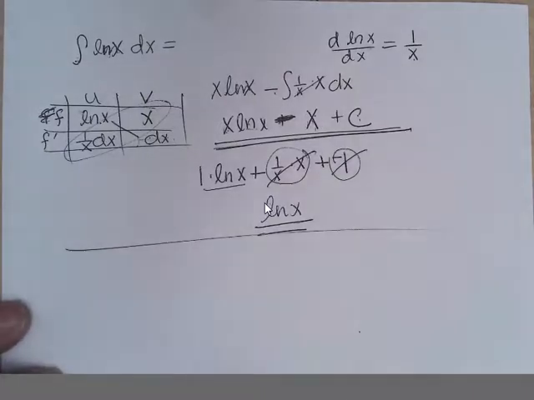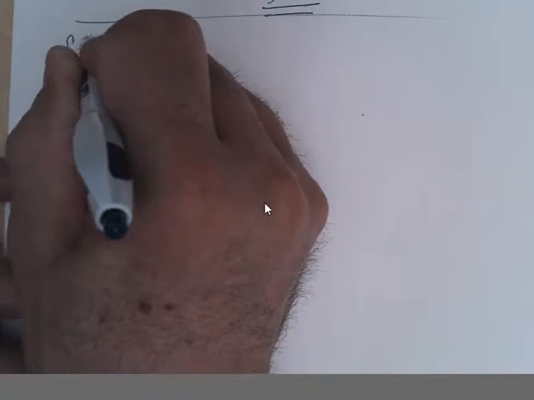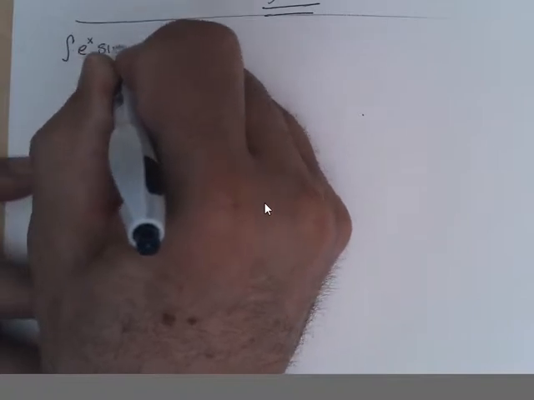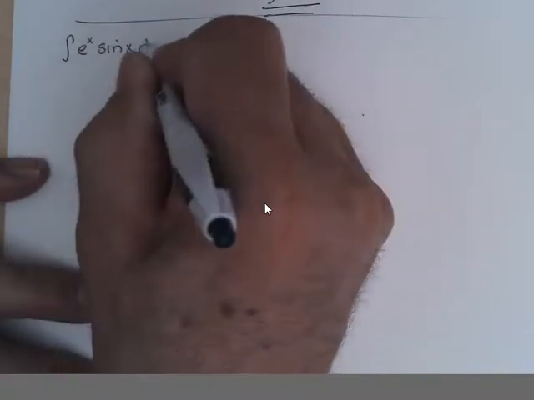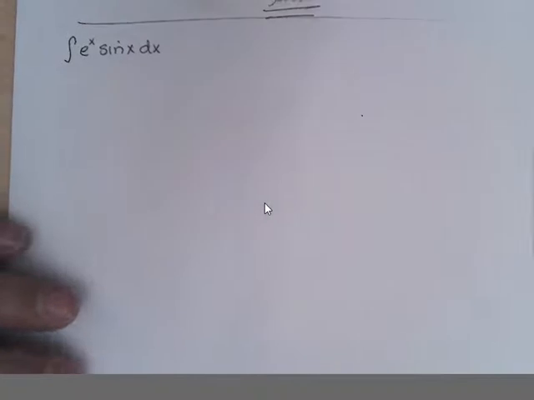Okay. Now one that seems like it's going nowhere, but ends up working. Let's find the antiderivative of e to the x sine x dx, doing integration by parts.